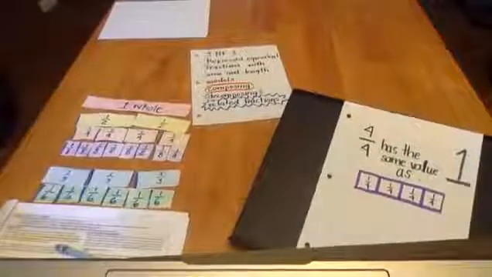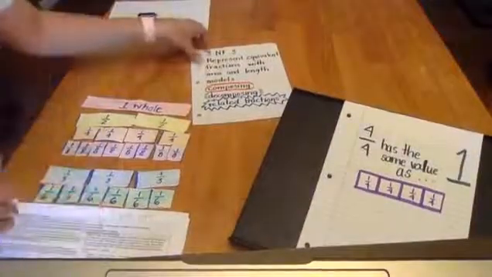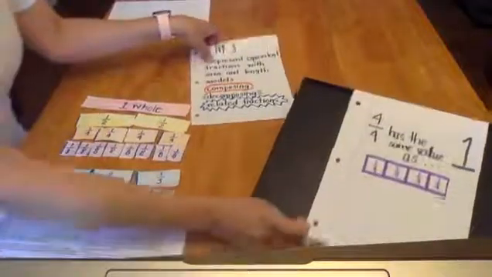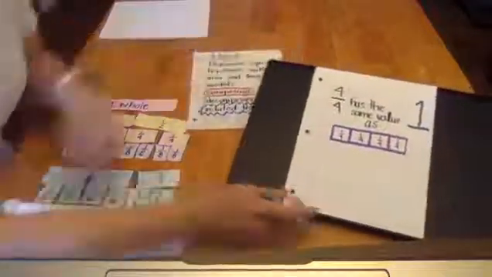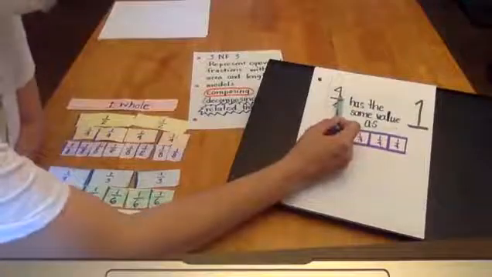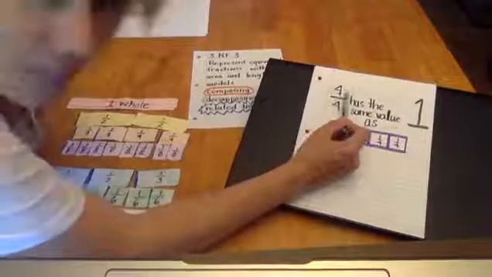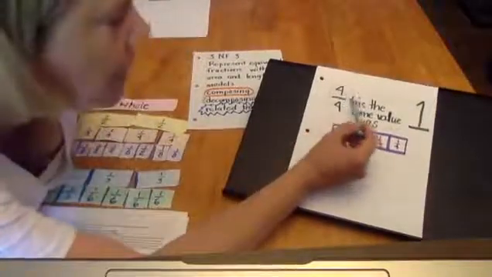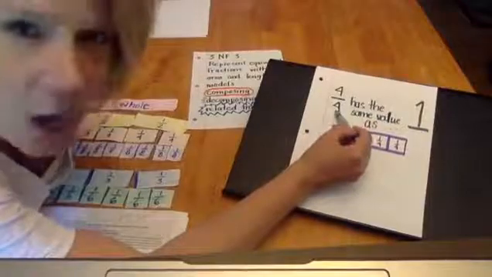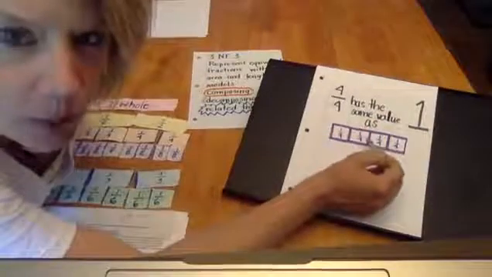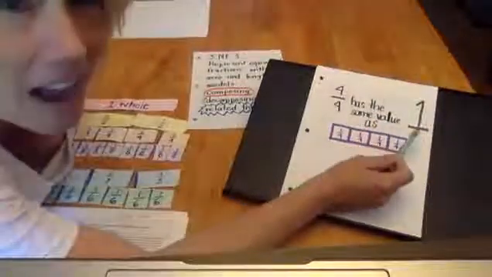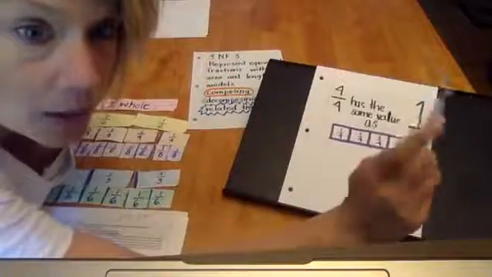Okay. So in this standard, we have to make sure that we understand that if the numerator, which means the equal parts we're talking about, is the same as the denominator, which means all the equal parts, that they have the same value as one whole, okay?